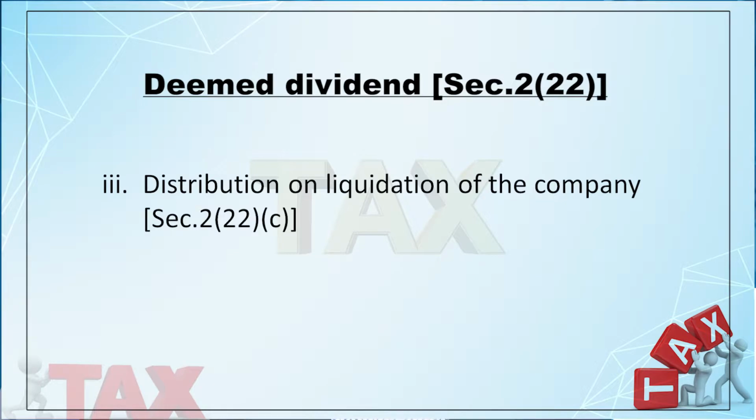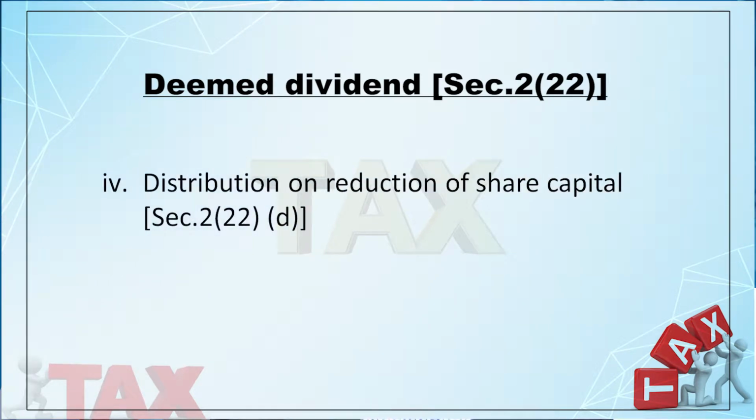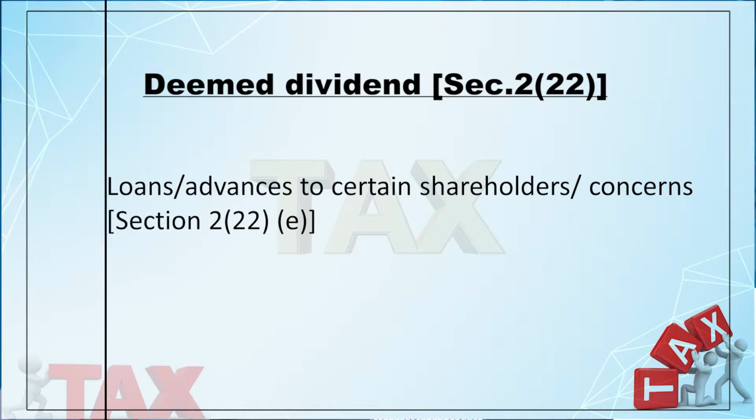Liquidation of the company may involve distribution to the extent of accumulated profit, which is described in Section 2(22)(c). And number 4, distribution on reduction of share capital, as per Section 2 subsection 22 clause D. And the last one is 22E, loans or advances to certain shareholders or concerns.